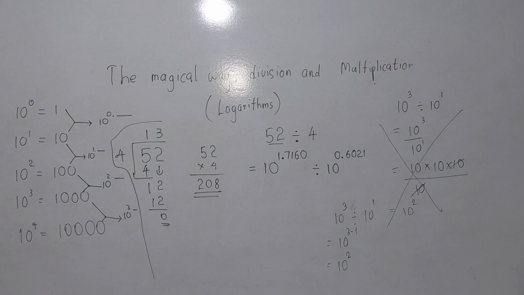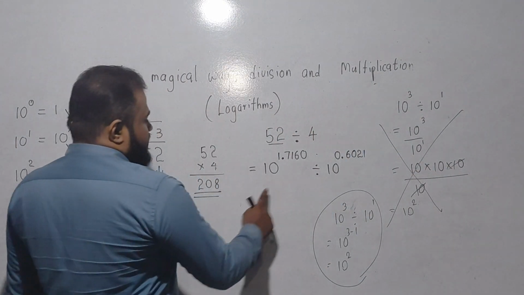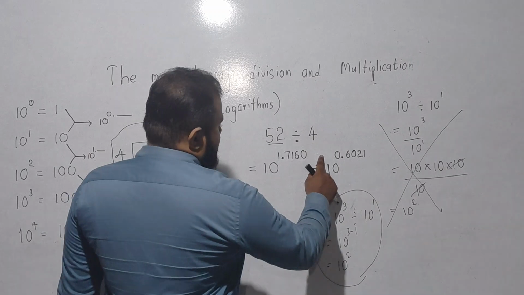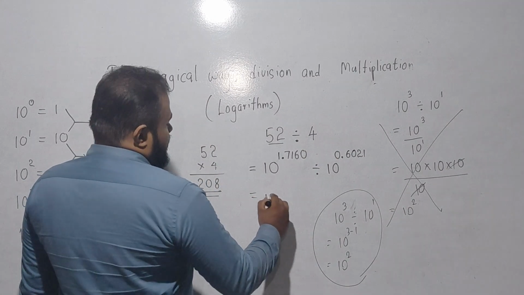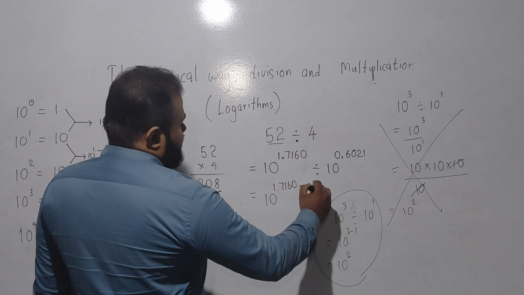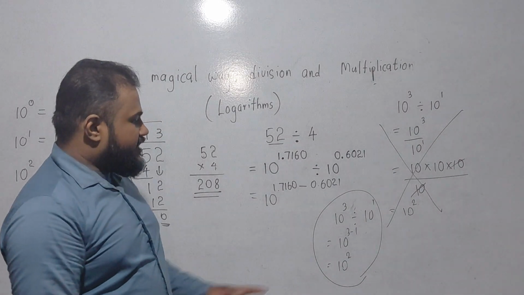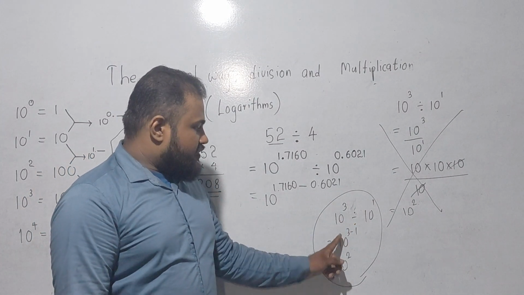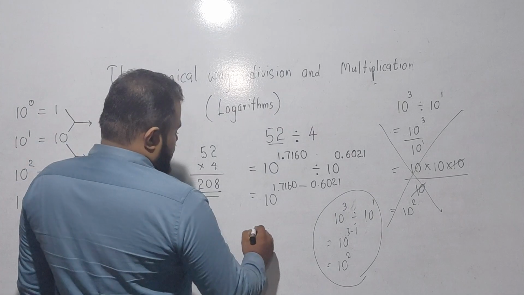Okay. So we are applying the same thing here. Division of 10 to the power 1.7160 by 10 to the power 0.6021 is equal to 10 to the power 1.7160 minus 0.6021, as we did here. 3 divided by 1 was equal to 3 minus 1. So what we have to do now?